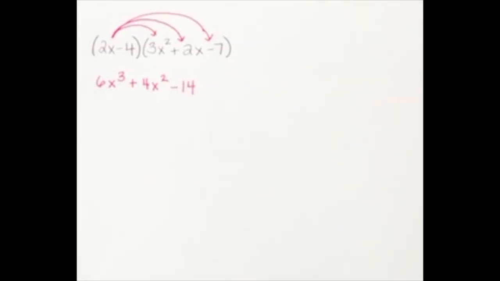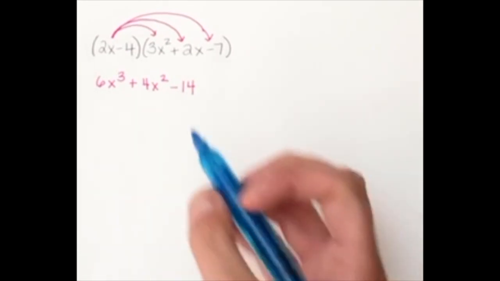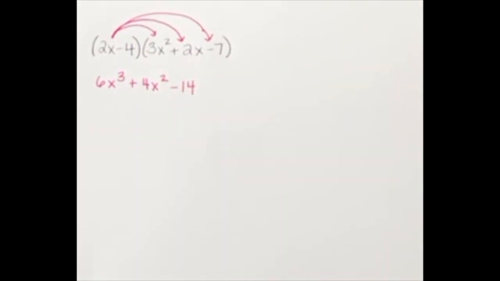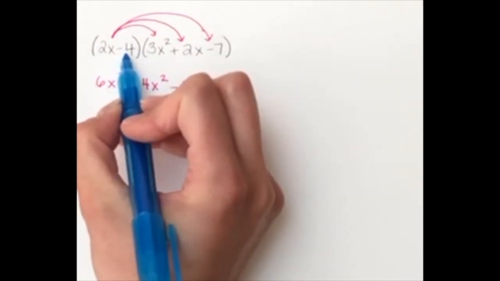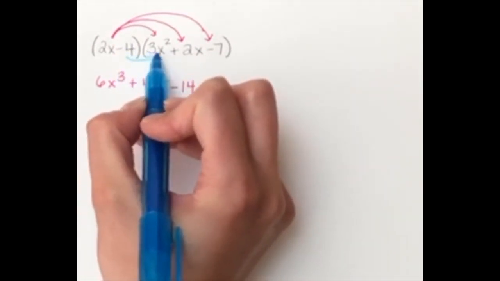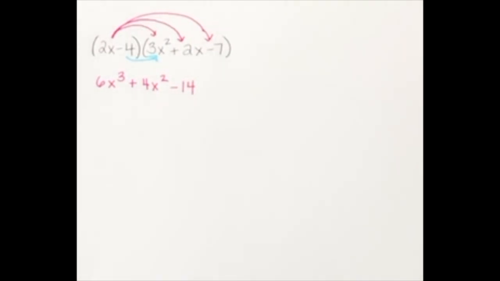Now I did my first term of my binomial. I still have to work with the negative 4. So I'm going to do the exact same process, but now I'm going to do it with the negative 4. So what is negative 4 times 3x squared?